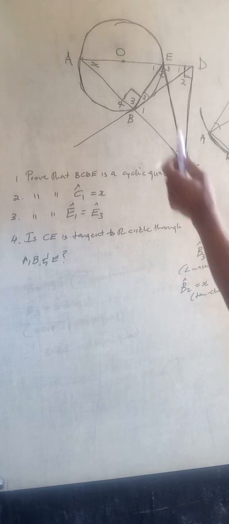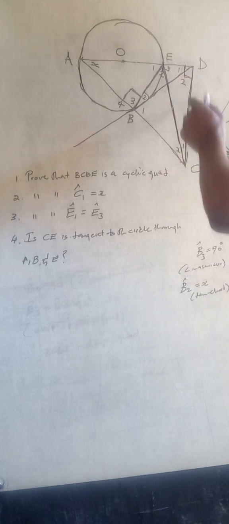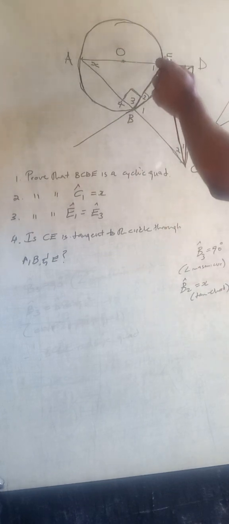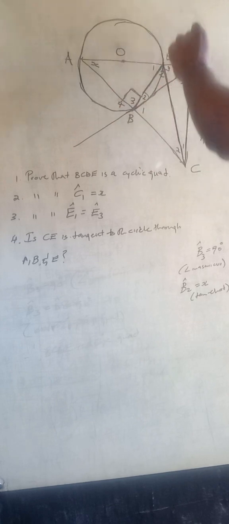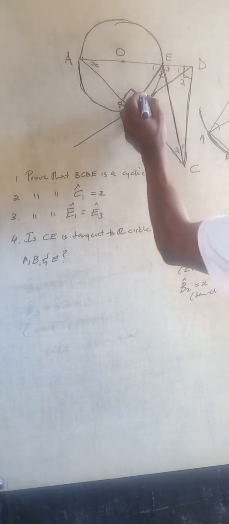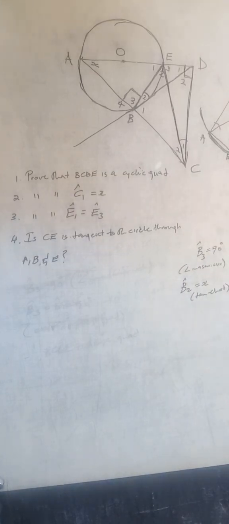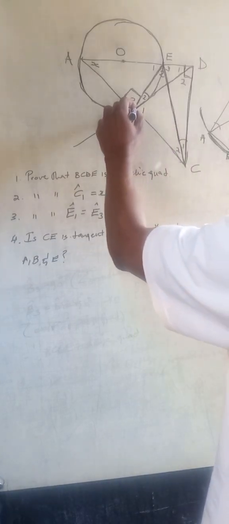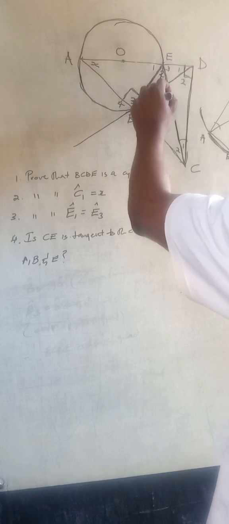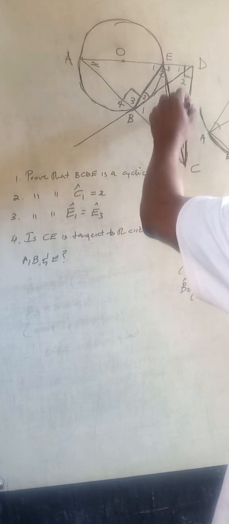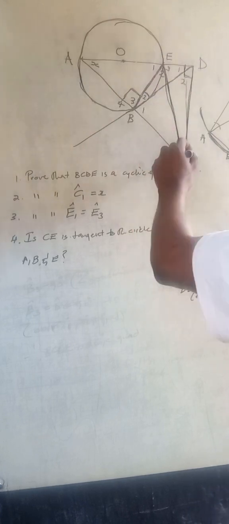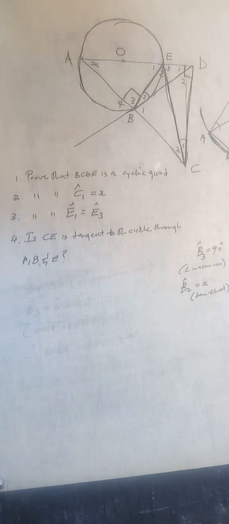So they said this is a cyclic quadrilateral, meaning there's a circle along these vertices, so this angle and this angle are angles in the same segment, if we look at this darkened shape.